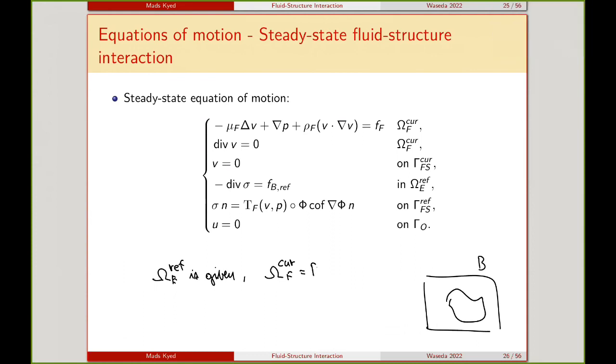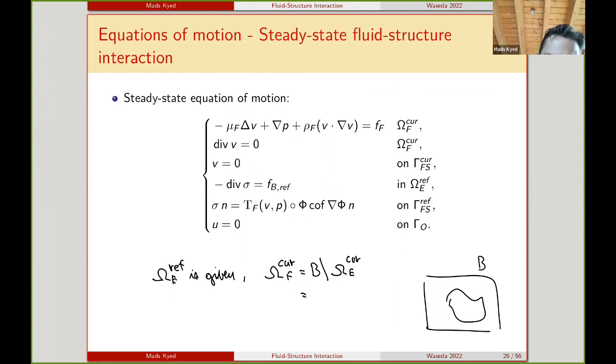Okay. So in the stationary problem the domains are given. I see. Well, no, because the current configuration, this is the complement. So this is what is outside of the current configuration of the elastic body. So let me just write it like this: the elastic current configuration, right?